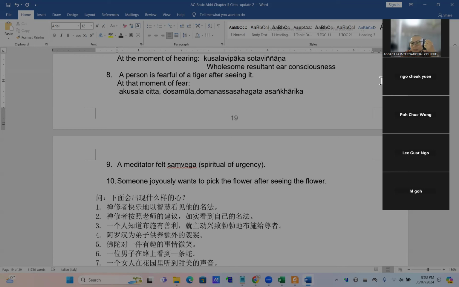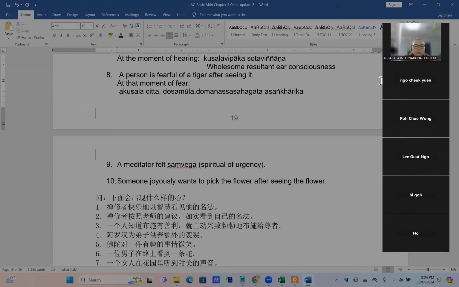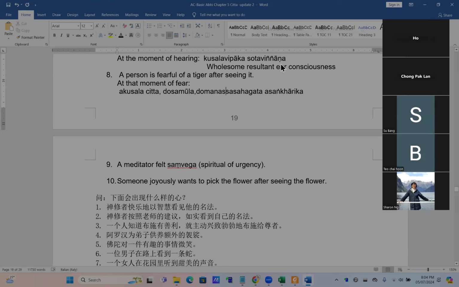Yes, you can put it as prompted if you like, but I prefer unprompted because I take it that the fear comes automatically.